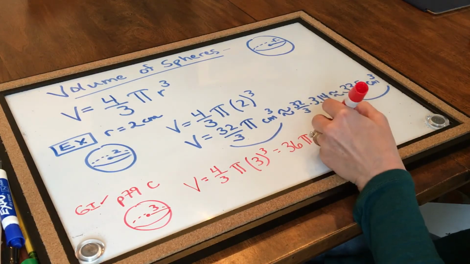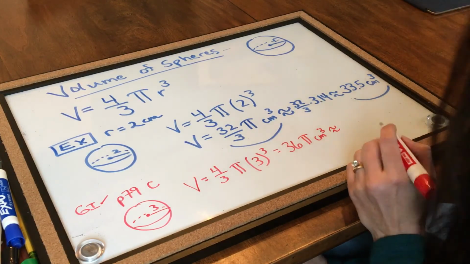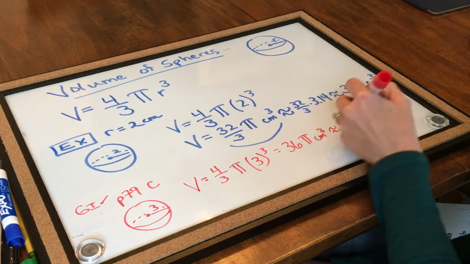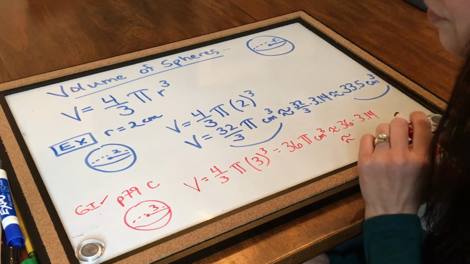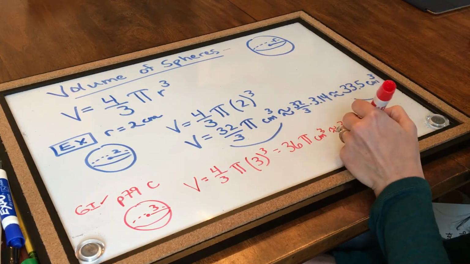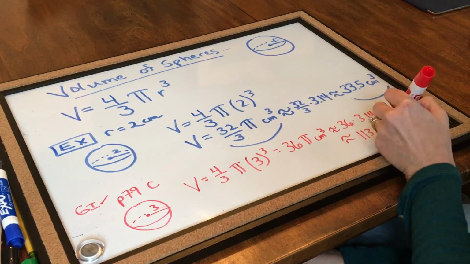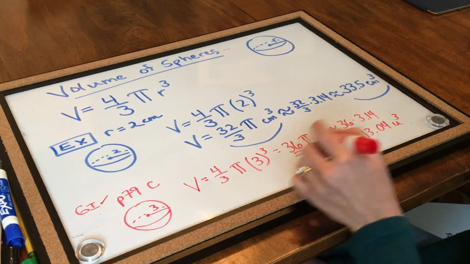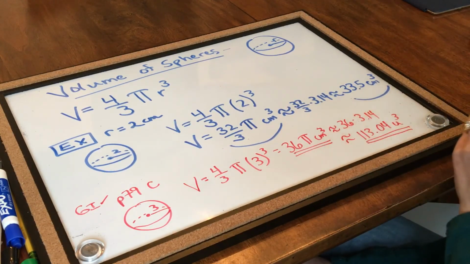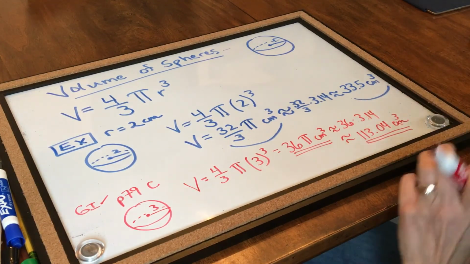But as usual, I probably want an approximation. If I multiply 36 times 3.14, I get an approximate answer of around 113.04 cubic units. So again, I've got my exact answer here, and my approximate answer here. And wait, it wasn't cubic units, it was cubic centimeters.